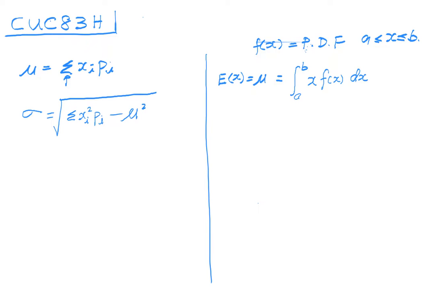So to find the standard deviation for a continuous random variable, what we need to do, we also change the summation sign to integration sign. Are you clear? That's all. Because it's a continuous variable.